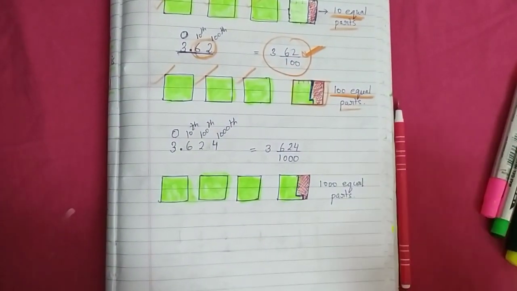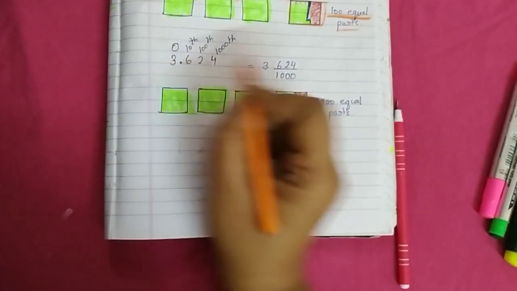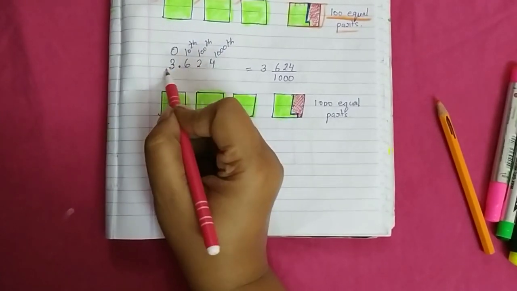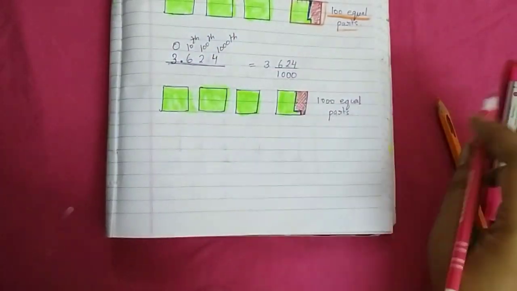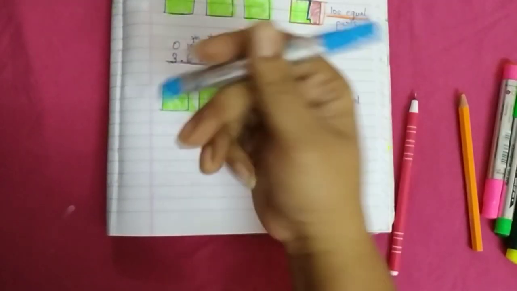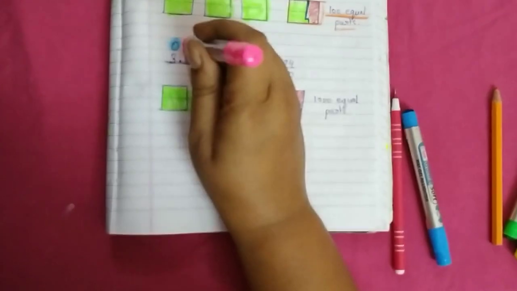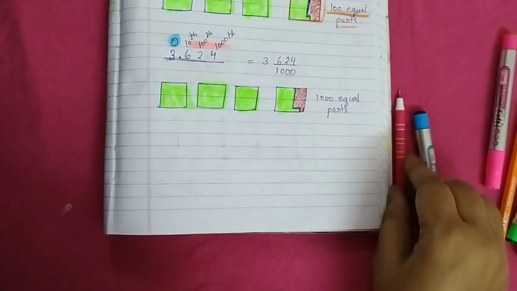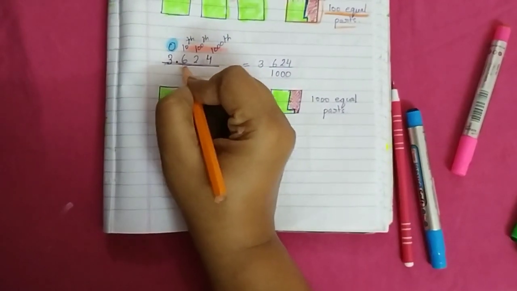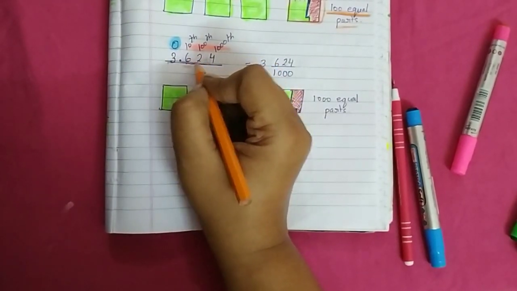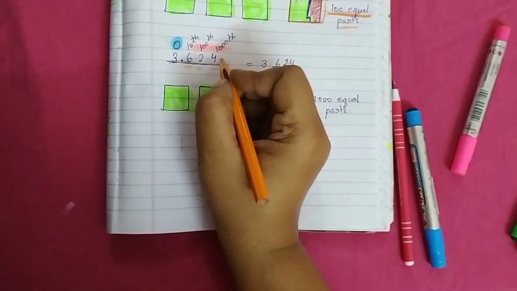Is it clear? Now, let's take one more example, children. 3.624. Now, can you see, children, here? Again, 3 is at the ones place. And this part is less than 1. The first digit after the decimal, 6, is the 10th place, and 2, the second digit after the decimal, is the 100th place, and the third digit after the decimal is the 1000th place.